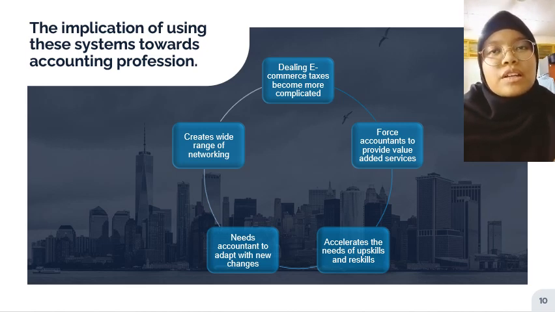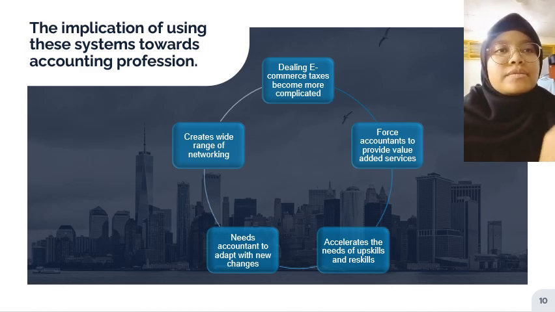So because of the existence of e-commerce, accountants have to become more knowledgeable about certain development changes in the accounting profession.